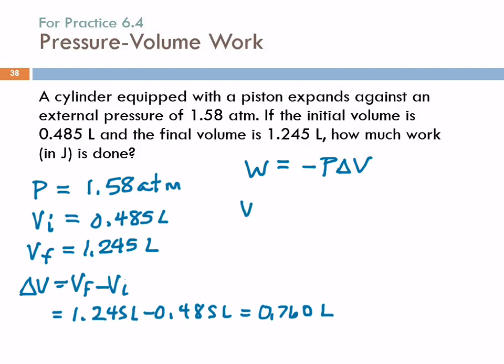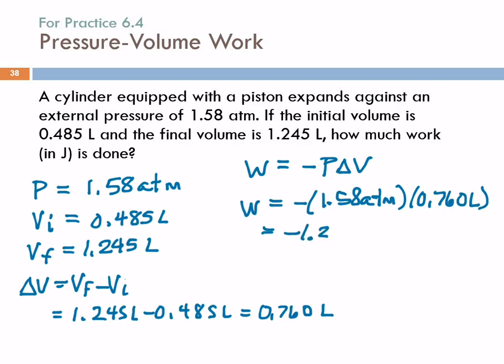So W equals negative the pressure, 1.58 atmospheres, times the change in volume, 0.760 liters. So that comes out to be negative 1.2008 atmosphere liters. Is that the same as joules?